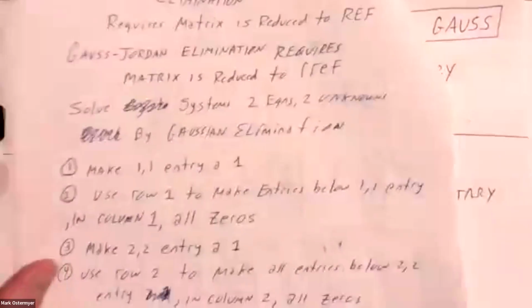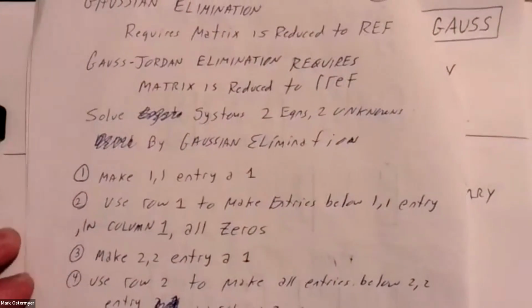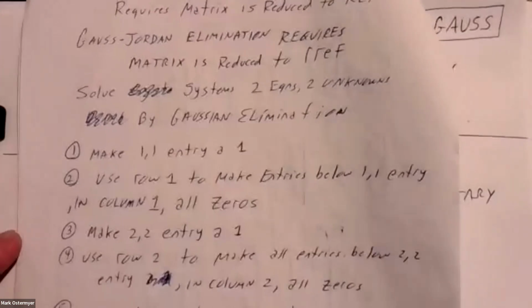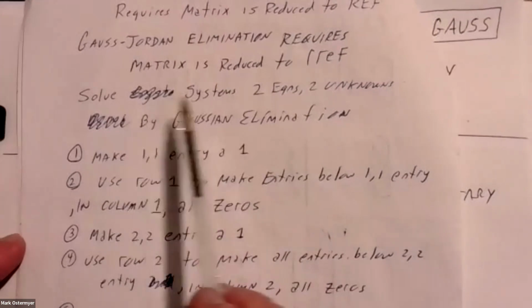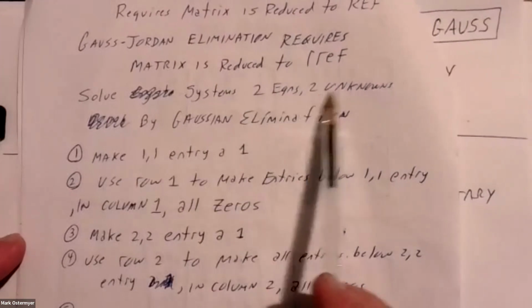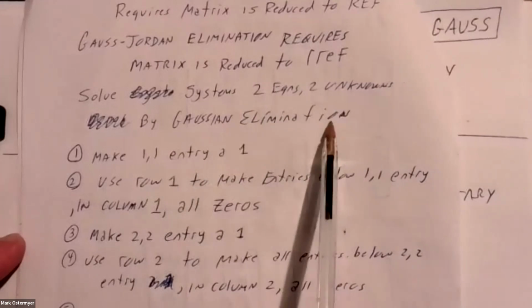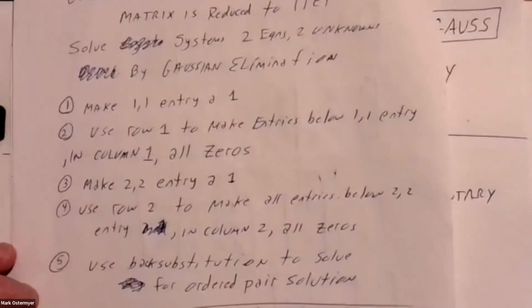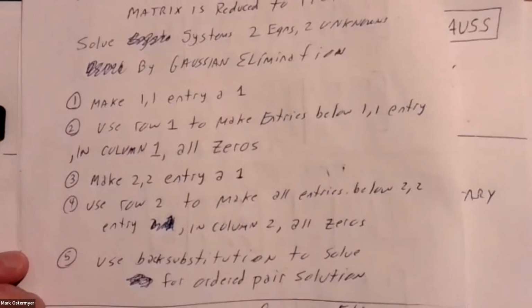All right. Now, the first method I'm going to show you, ladies and gentlemen, is how to solve a system of 2 linear equations and 2 unknowns by using Gaussian elimination. To do that, this is the step procedure we go through.